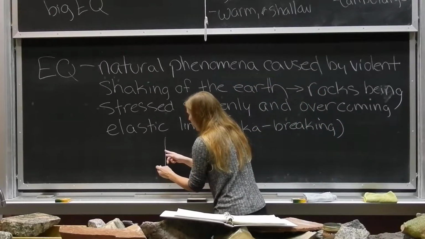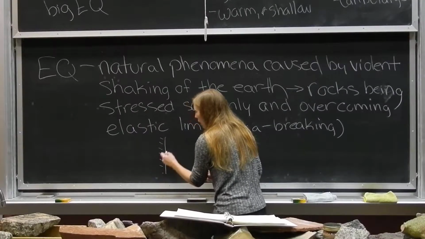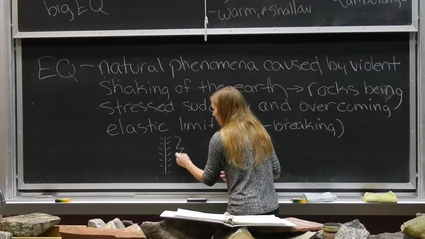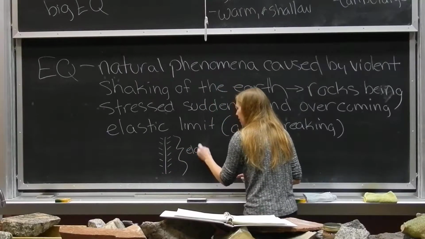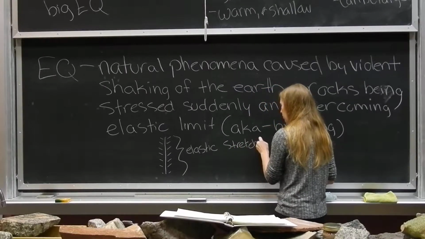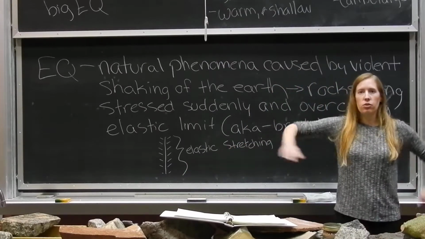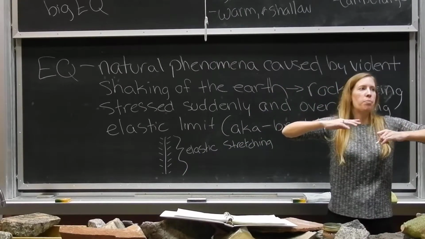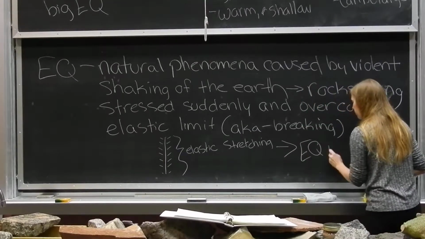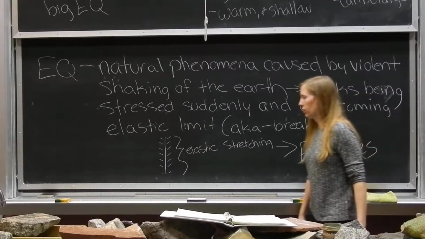So we have a break right here, but the atomic bonds on either side of this break, these are elastic stretching. And when this breaks, those elastic bonds go back to their original shape, and that generates our earthquake waves. Okay?